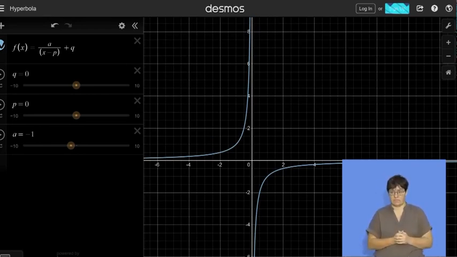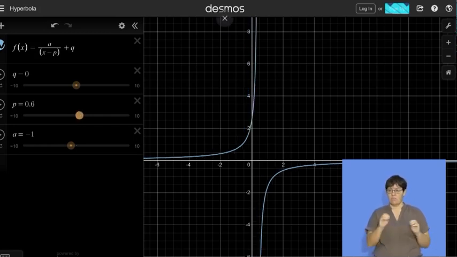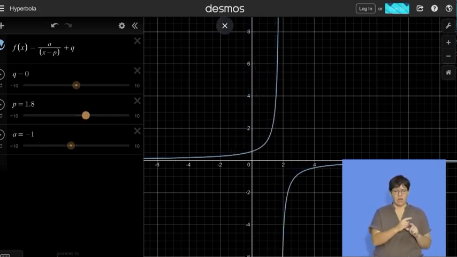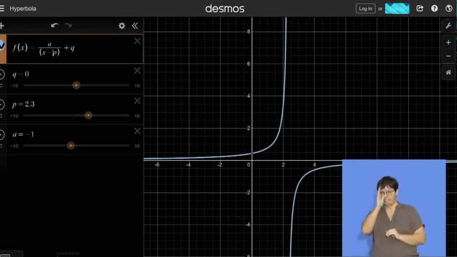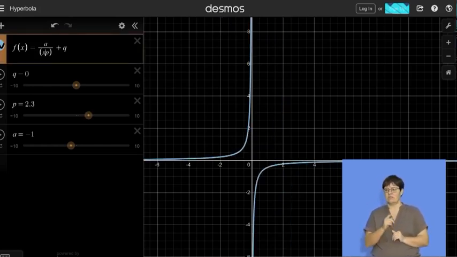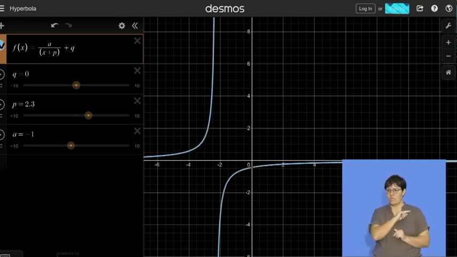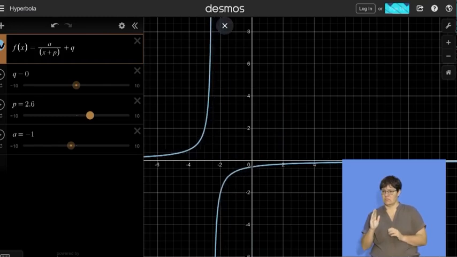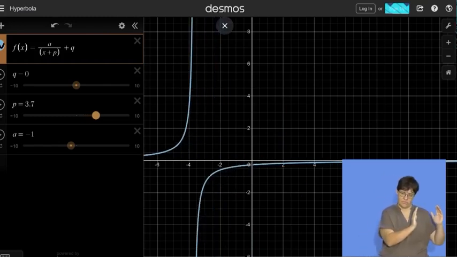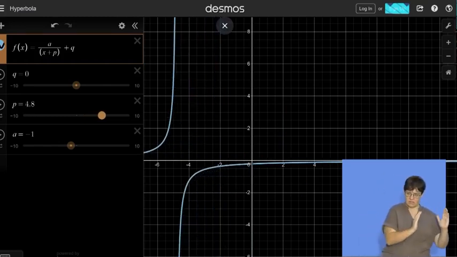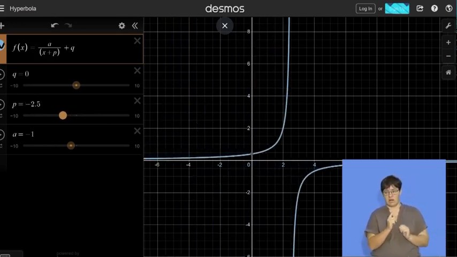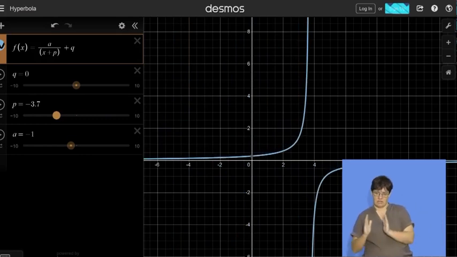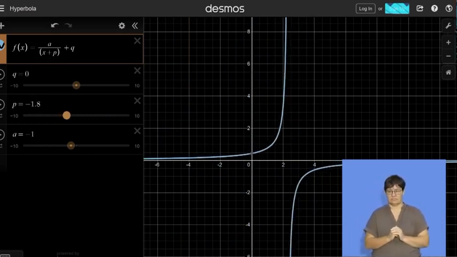The value of p, if I move it to be a positive, you can see this simply means that it is shifting. This is actually supposed to be plus there because we use a plus. So if I make it a positive, I am shifting it to the left-hand side. And as soon as I make it a negative, I then shift it to the right-hand side.